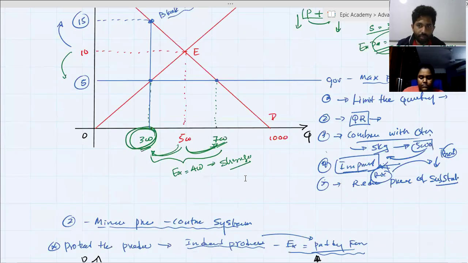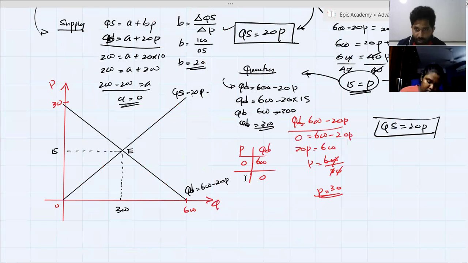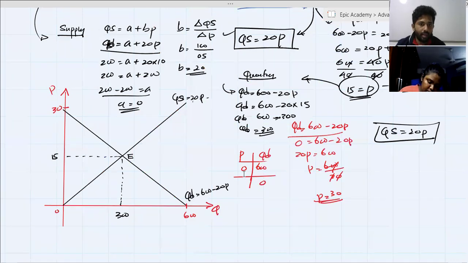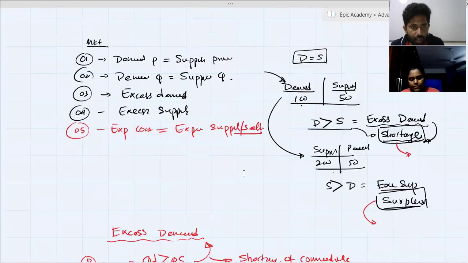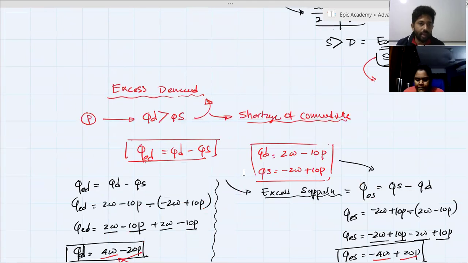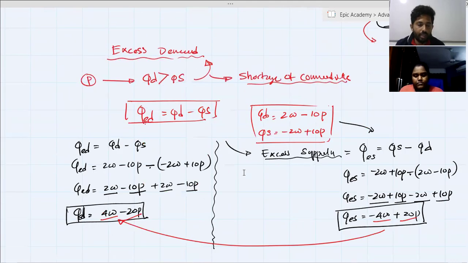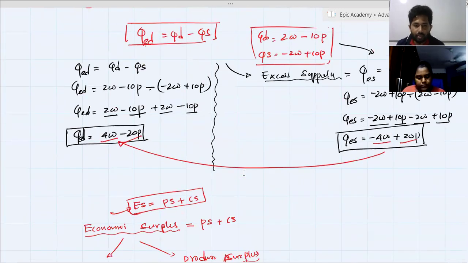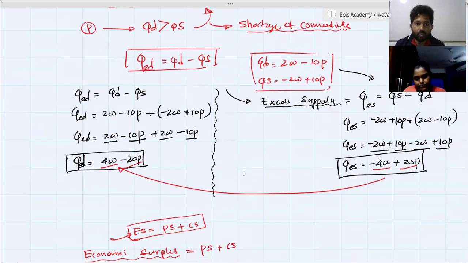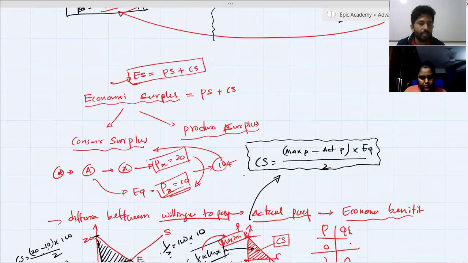market equilibrium. Okay, market equilibrium calculations. And then we moved to identify the characteristics related to the market equilibrium. Okay, and then we identified the excess demand equation and excess supply, and the equations related to both excess demand and excess supply.